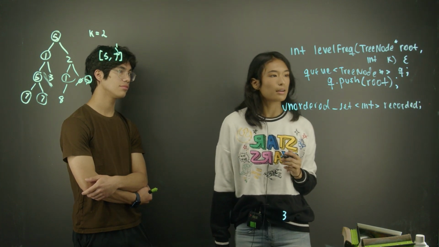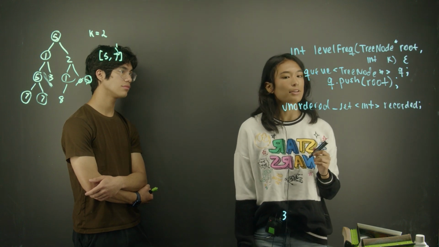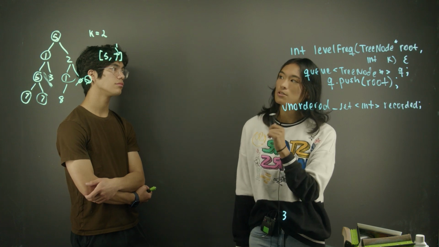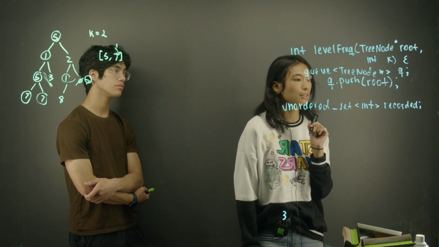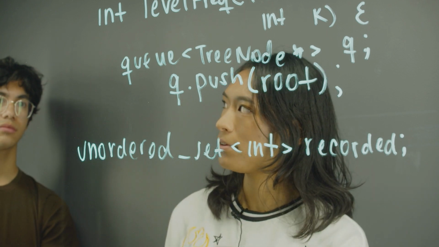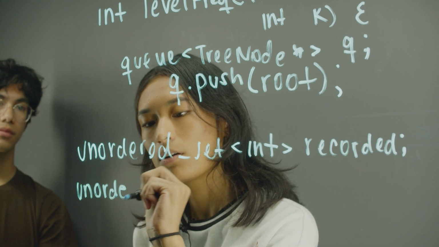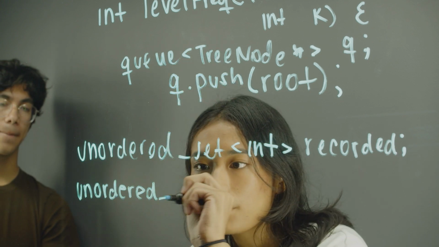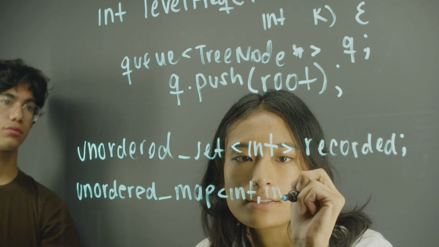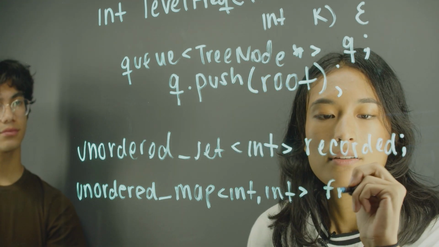All right, and I'm not going to push anything in there yet. So I have a queue, I have an unordered set, and I also want to record the frequency of each node value. I think I'm going to get that from my set since it's recording everything in each level. So I'm going to use also an unordered map with int key value pairs, and I'm going to call that frequency.